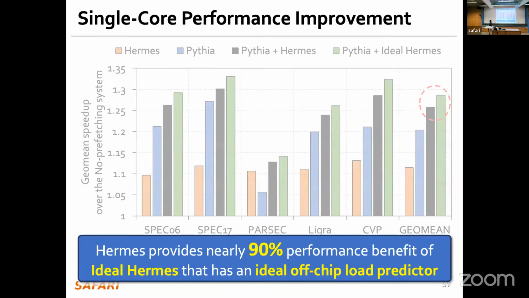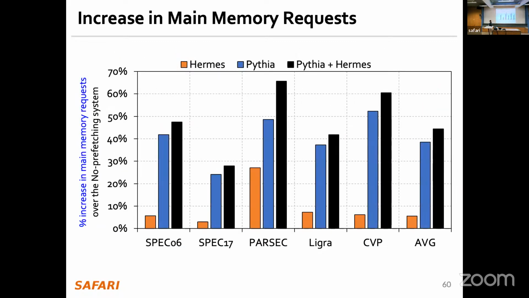Okay. Now, let's take a look at what fraction of memory requests are getting increased in the DRAM. Hermes always makes a prediction whether a load is going to go off chip or not. So what if I make a wrong prediction? I predicted that it's going to be off chip, but in reality it didn't go off chip.